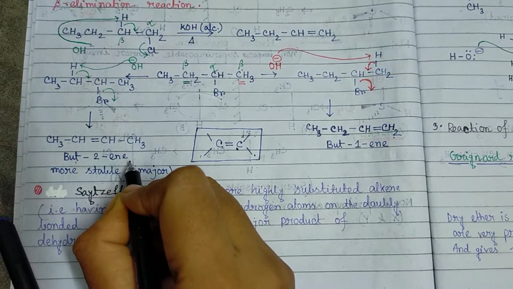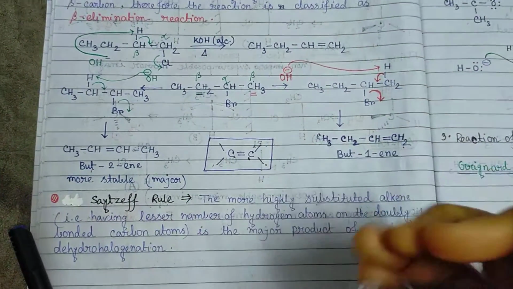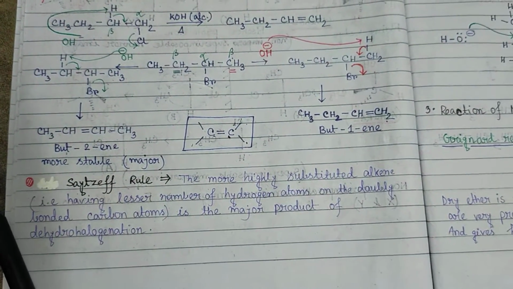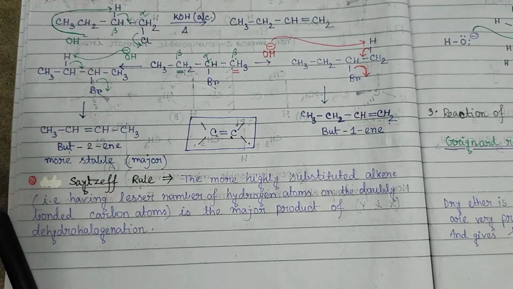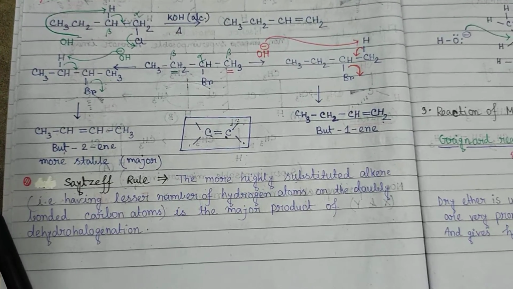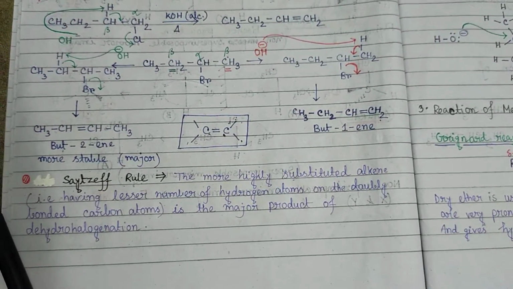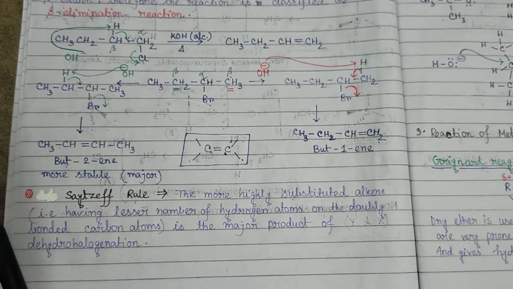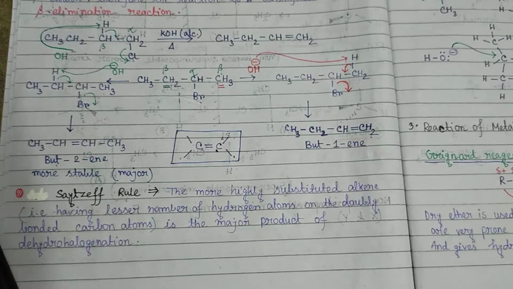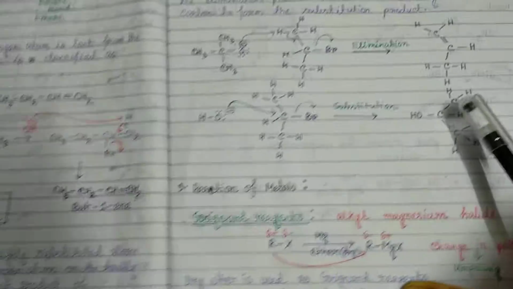So but-2-ene is the more substituted double bond, and according to Saytzeff rule, this one will be the major product. So when there is a chance of formation of two products, we have to look at the more substituted double bond, and that will be the major product in case of beta elimination reaction.